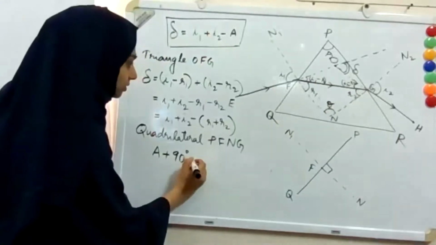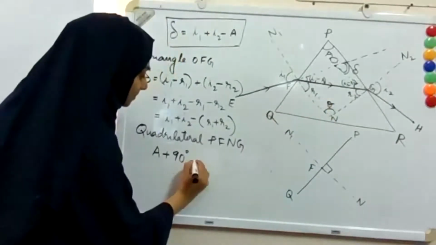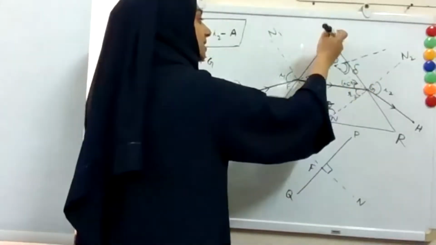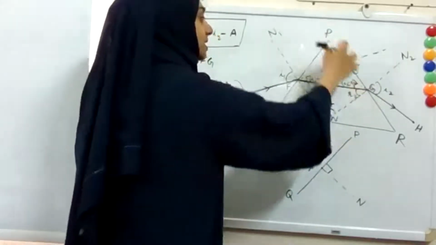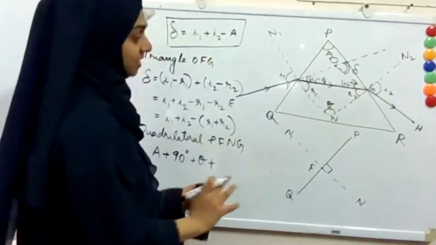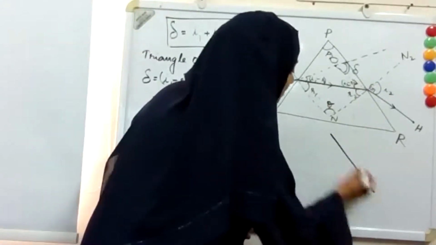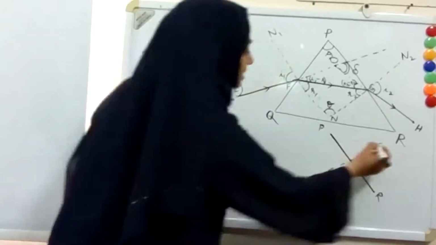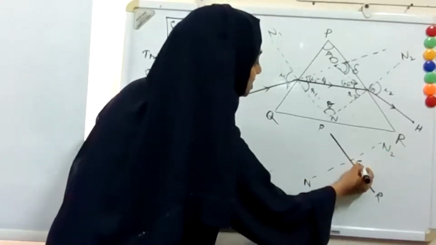Plus theta, plus what will be this angle? The angle PGN will be 90 as well, for the same reason: it is perpendicular, and N to N is normal to it. And this point is G.